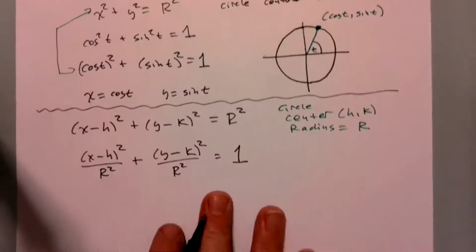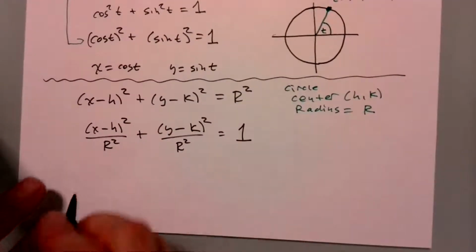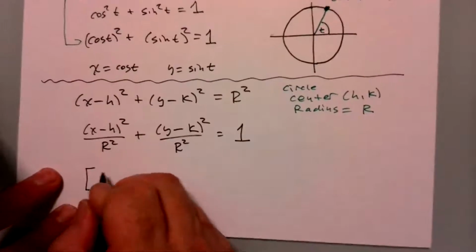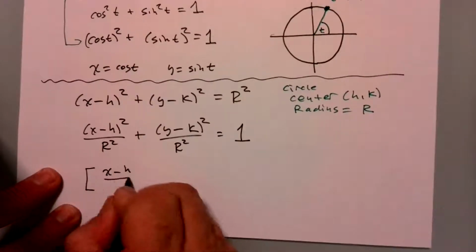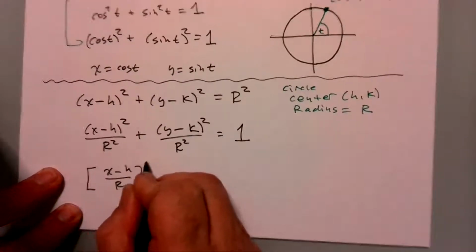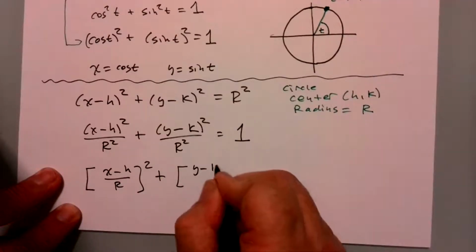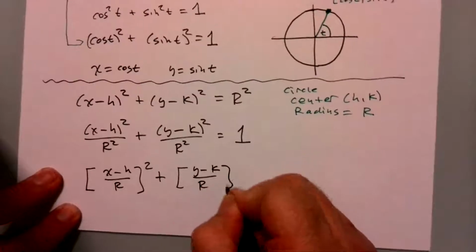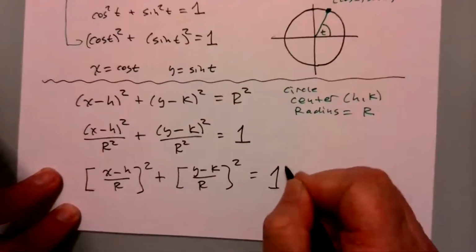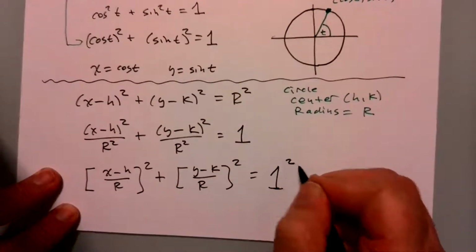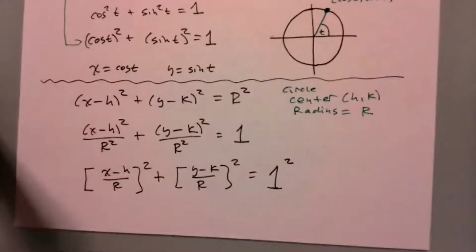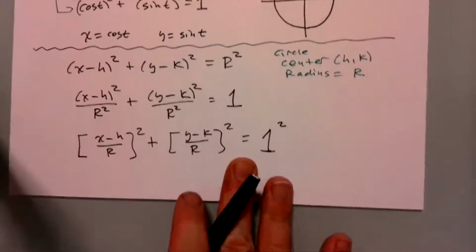And we're getting closer to what we want here. But I'm going to rewrite this now as x minus h over r quantity squared plus y minus k over r quantity squared equals 1 squared. If that's important, maybe not.